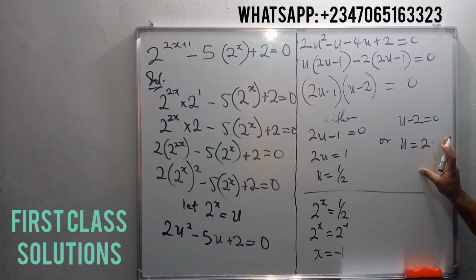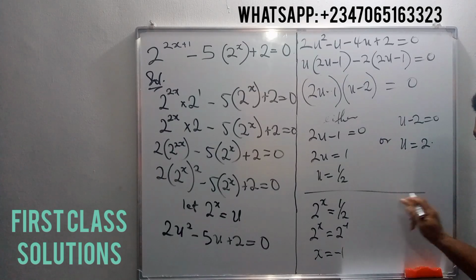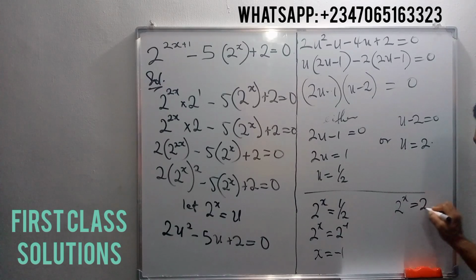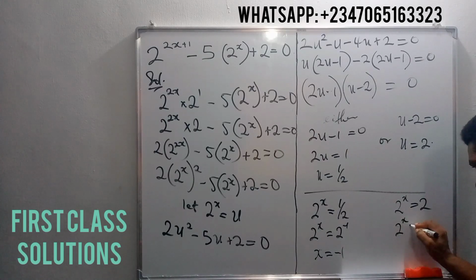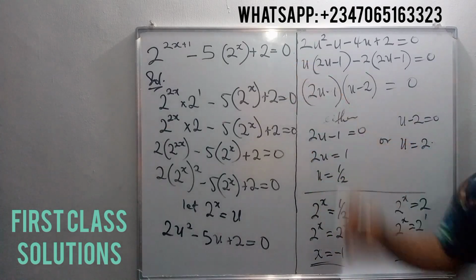Or from the other angle, we have u being equal to 2. That u is the same as 2 power x being equal to 2. Remember, 2 is the same as 2 power 1. So we have 2 power x equals 2 power 1. Where we have the same base, we simply equate their powers to have x equal to 1. So the values of x are minus 1 or 1, which satisfy this equation.